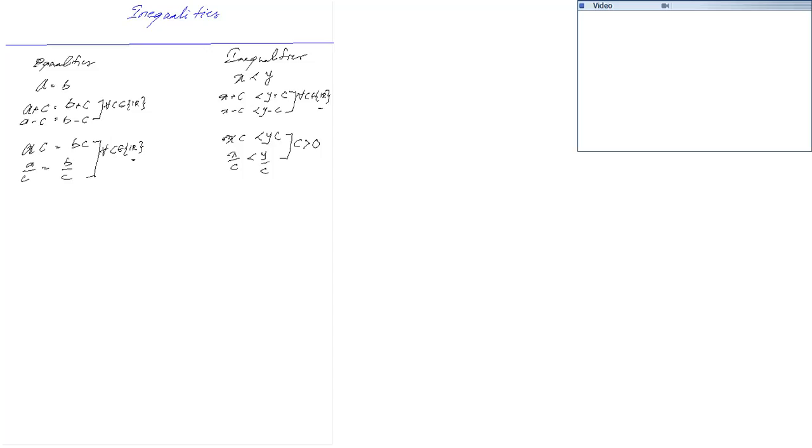And XC will be greater than YC, or X by C will be greater than Y upon C, where C is less than 0. The sign flips when you multiply or divide by a negative number.